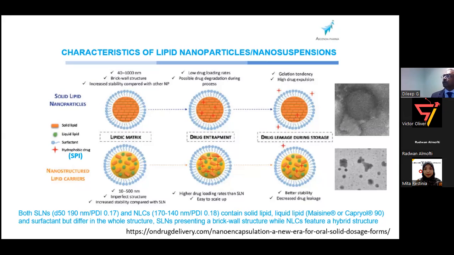There, more of the drug is encapsulated. But also, if something is very saturated, it can further lead to expulsion, right? During stability, as the lipid contracts, the drug can be squeezed outside. So that's really the challenge with one of the two.